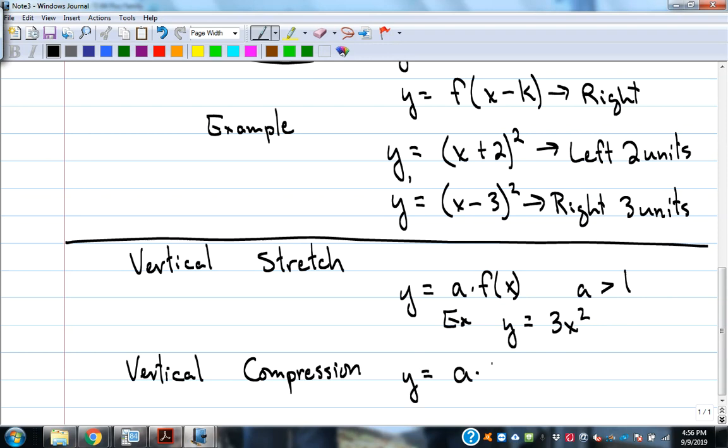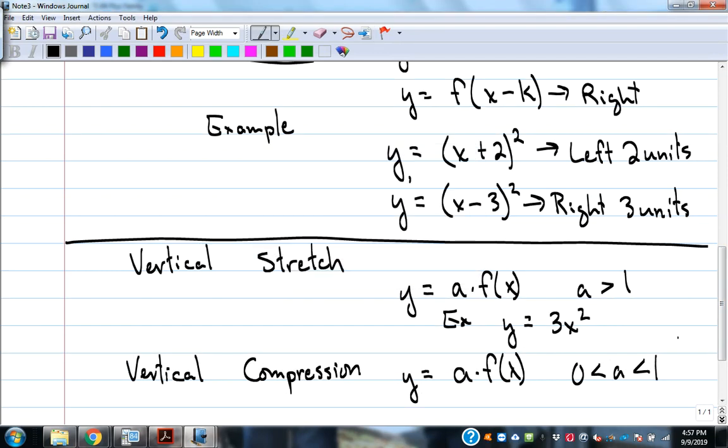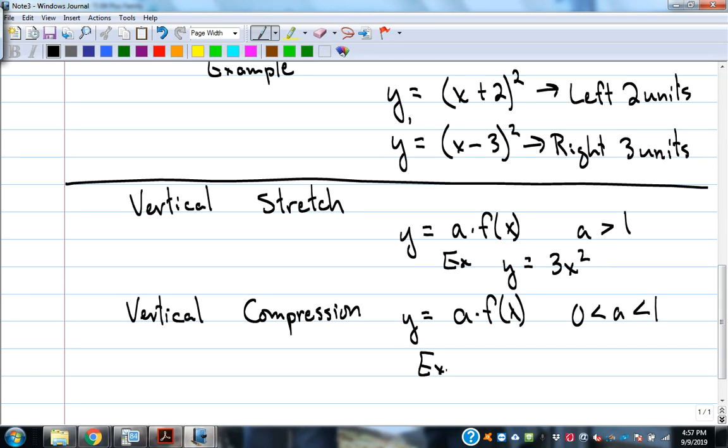But you've got a number multiplied on the outside. The difference is that number is between 0 and 1, a small fraction. An example of that would be something like 1/3 x squared. So example, y equals 1/3 x squared.